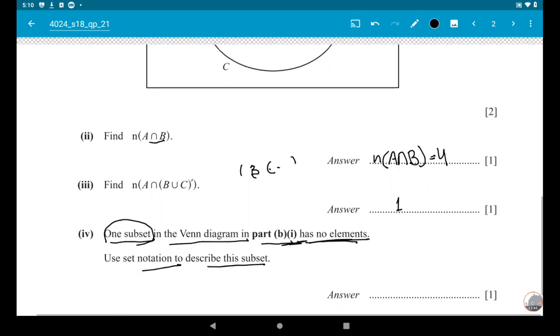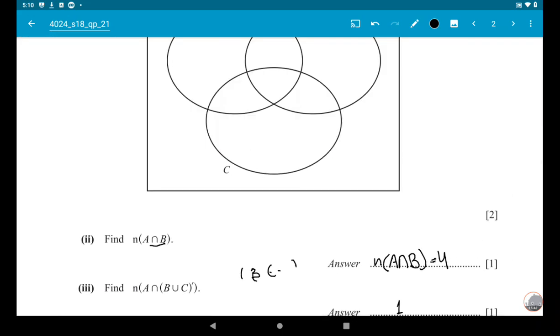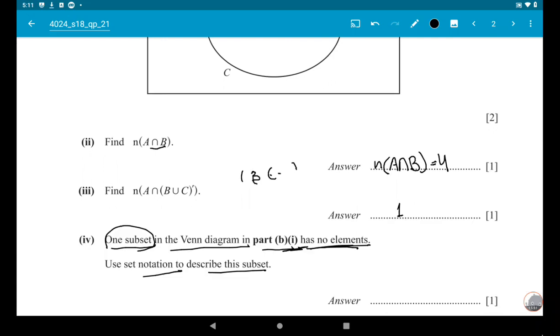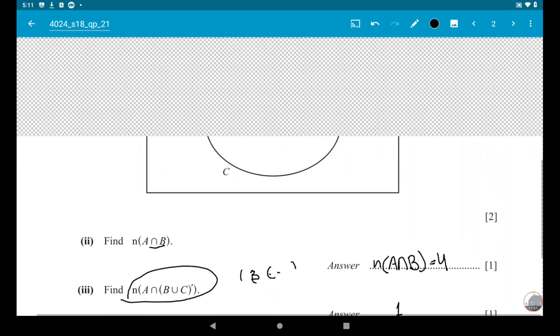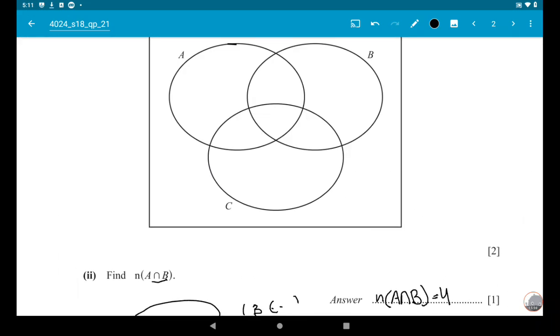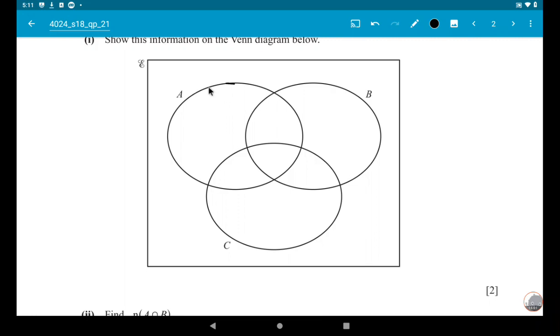For example, he wants to ask this notation. So one subset has no element. For example, maybe A, B and C are all subsets. Maybe A subset has no element, maybe B subset has no element, maybe C has no element.